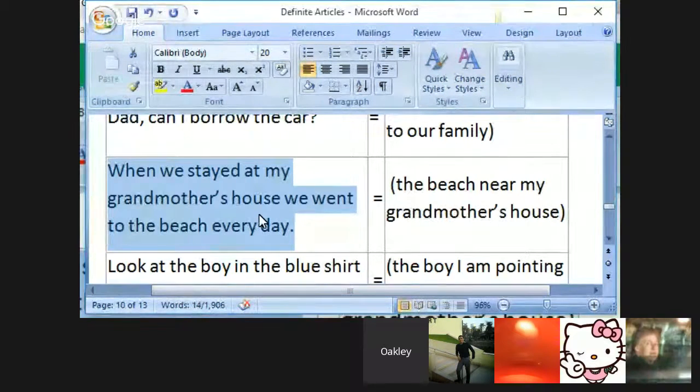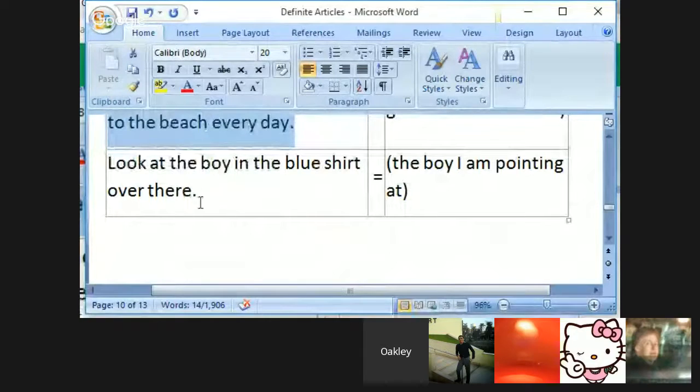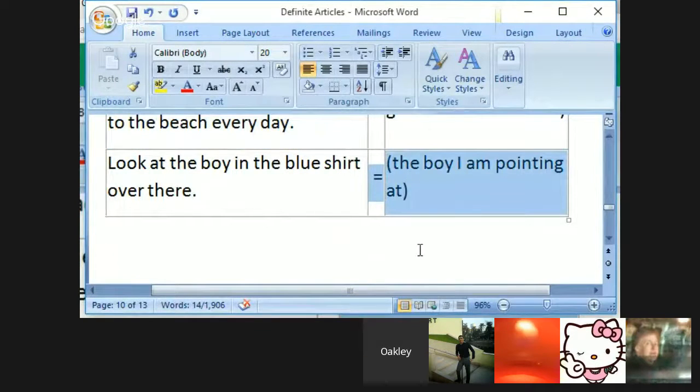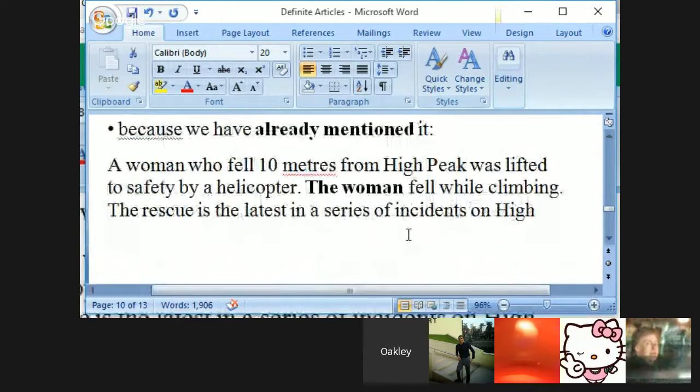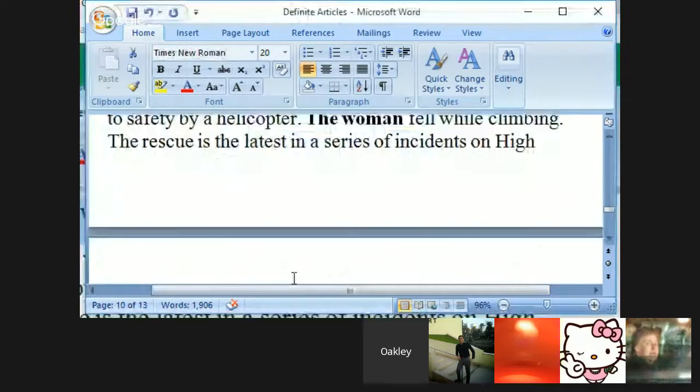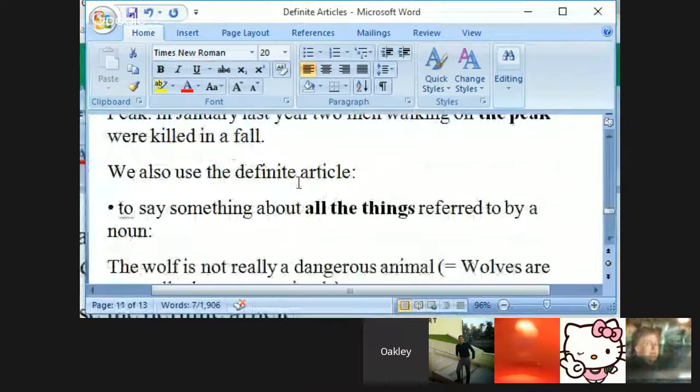So sometimes using a or using the depends on who you're talking to and the context. Imagine you're actually pointing your finger at somebody. You would use the: look at the boy in the blue shirt over there. I'm actually pointing to him, and you can see him with your eyes. And obviously, if we've already mentioned it, then we're going to use the.